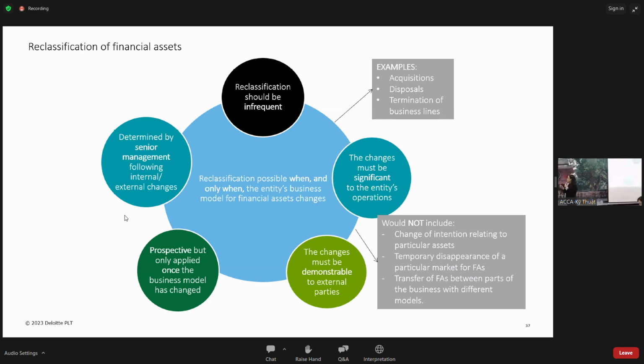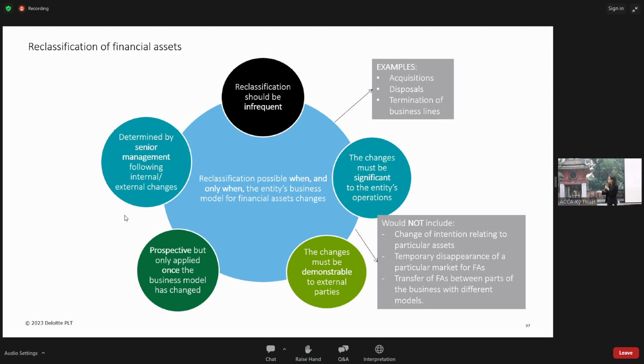So you don't just change whenever something small happens. It needs to be something quite significant to the company's operation that would trigger a reclassification. So earlier I mentioned SPPI is a fixed characteristic of the instrument. So the only way things will change is if you change your business model.